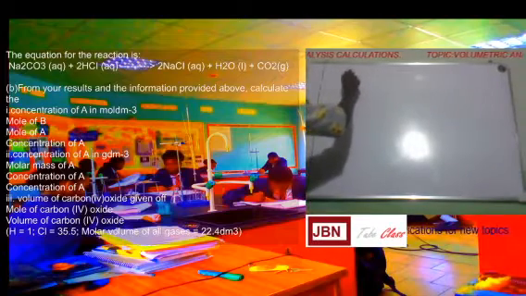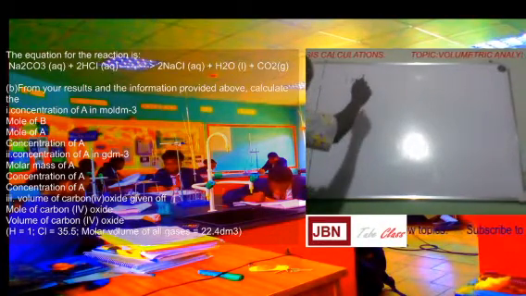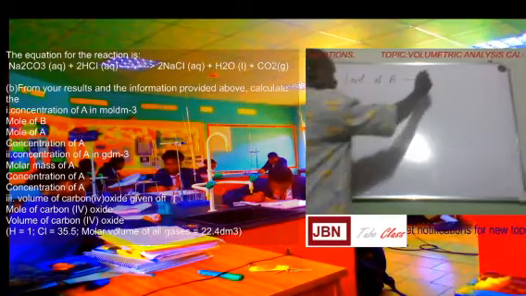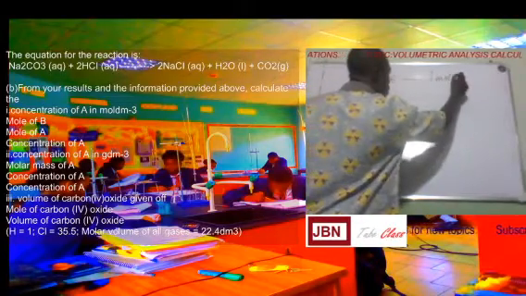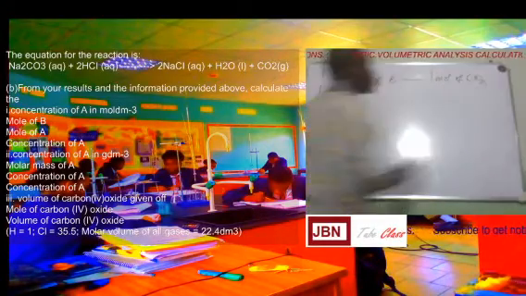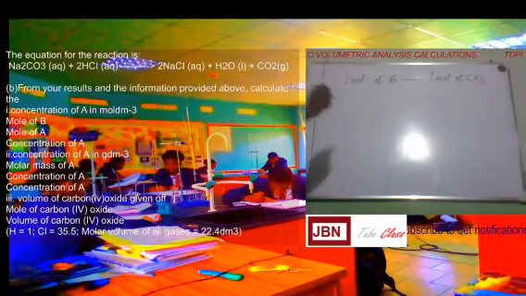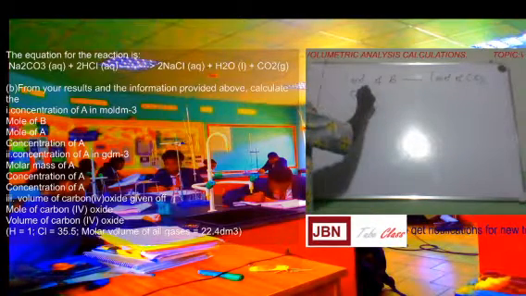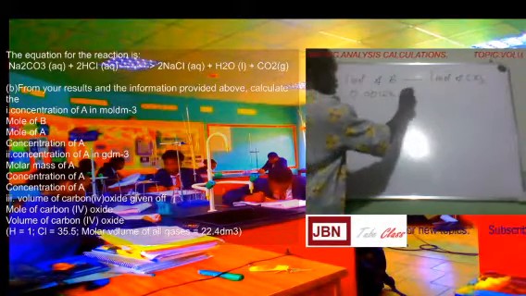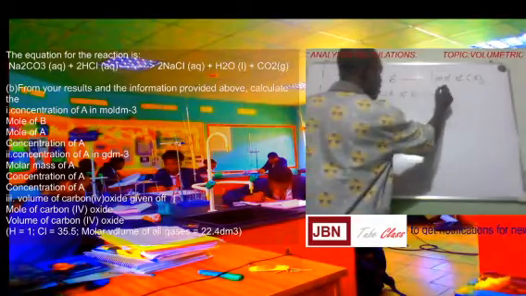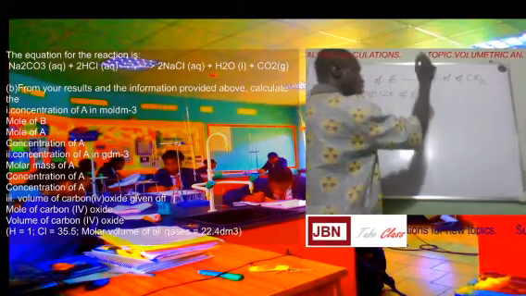Let's look at this using the stoichiometric value. Now, 1 mole of B yielded 1 mole of CO2. Since 1 mole of B yielded 1 mole of CO2, it means 0.00128 of B will also be equivalent to that of carbon dioxide.